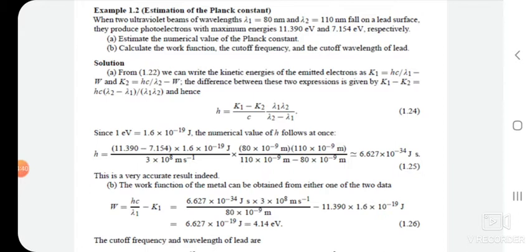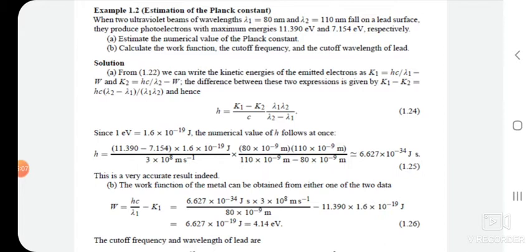For wavelength lambda 1 it is W, and for wavelength lambda 2 it is also W, because in this case we are using the same material, that is lead. That's why the work function is the same. You can find out the work function with the help of lambda 1 or lambda 2, it gives the same value. Therefore, work function is equal to hc by lambda 1 minus K1.